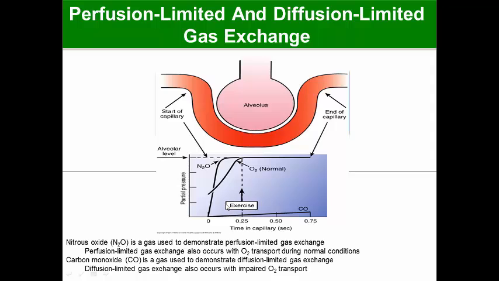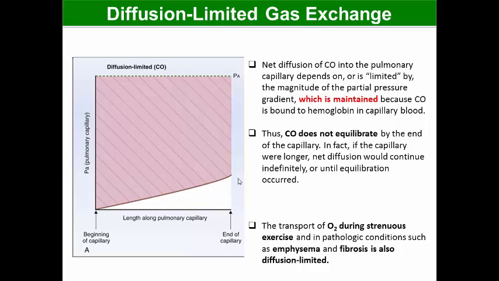So this is the same thing we have just mentioned here. So remember, during strenuous exercise, the exchange of oxygen becomes diffusion limited. So again, here we have a gas, and this is the partial pressure of the gas in the blood in the pulmonary capillaries, and this is the partial pressure of the gas in the alveolar air.